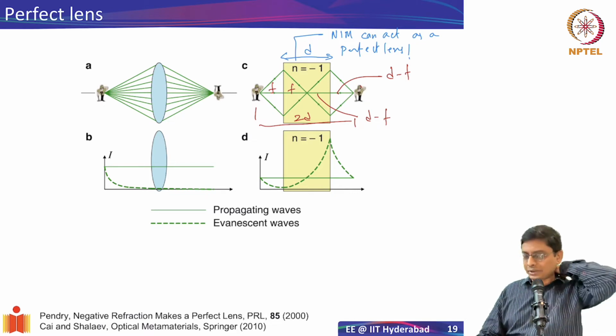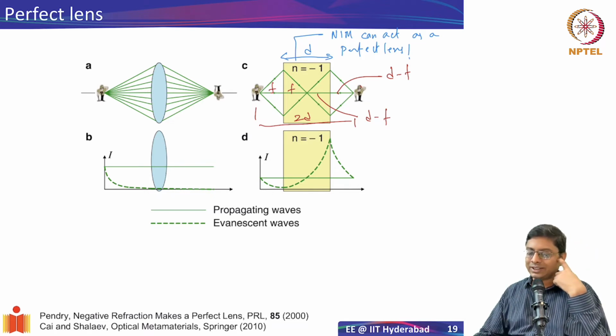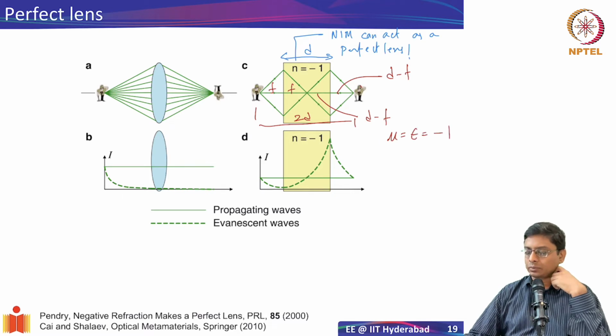So when I have a scenario like this, the interesting feature that Pendry said was, this is a perfect negative index medium. What do you mean by that? This has mu equal to epsilon equal to -1.